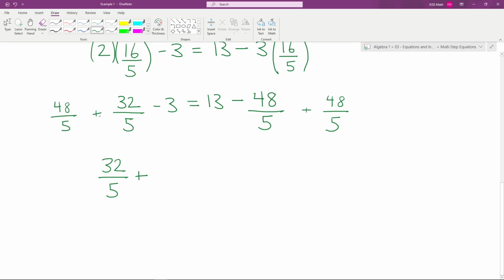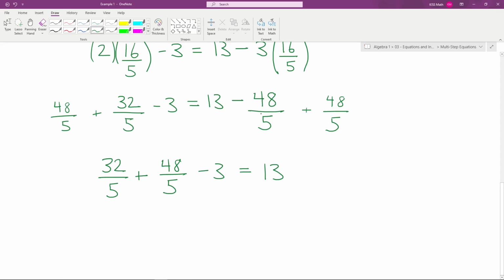Now, I'm not going to write it out like this every time. I'm just trying to show you what I'm doing here. So 32 over 5 plus 48 over 5, right, because we moved it over. Still have this minus 3 here, equals 13. And since I moved it over, there's nothing left here, right?